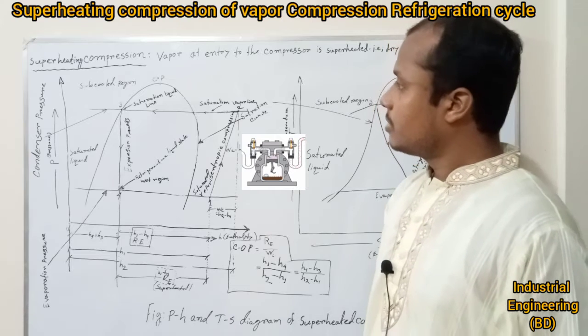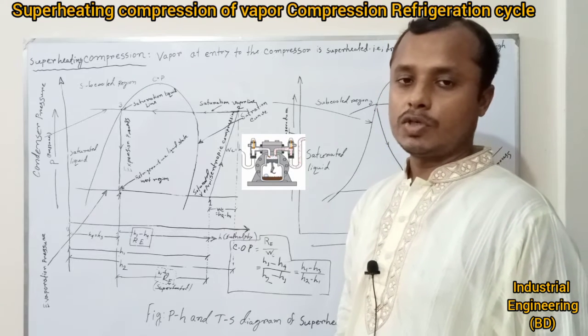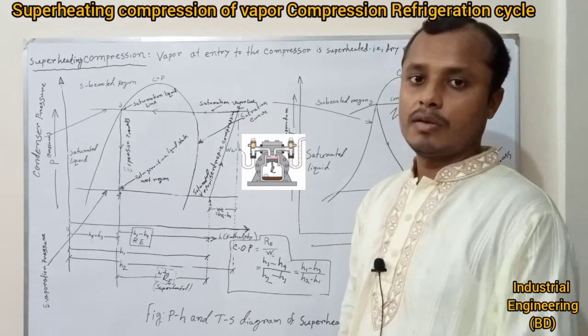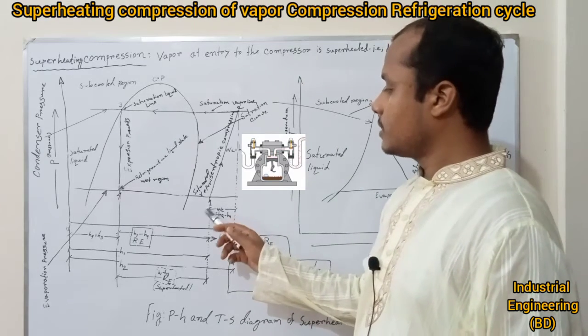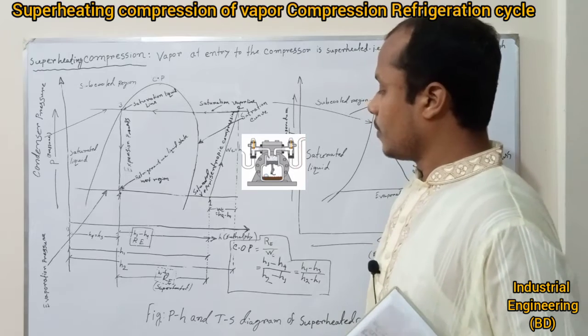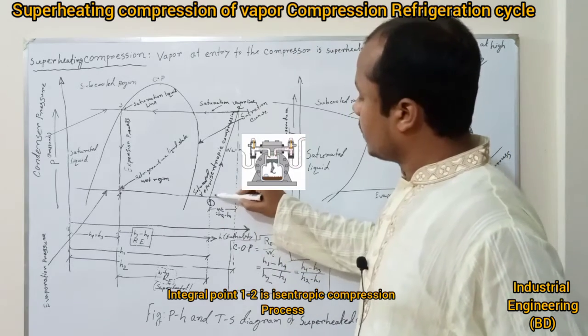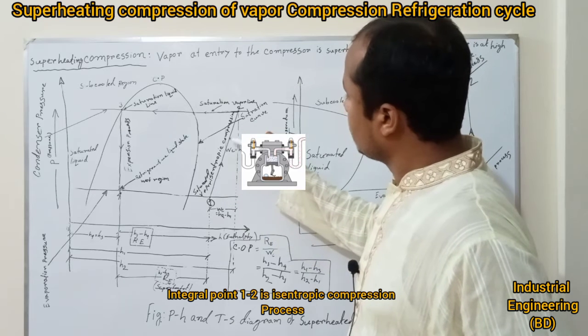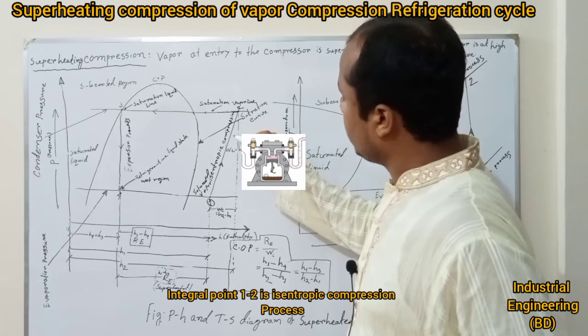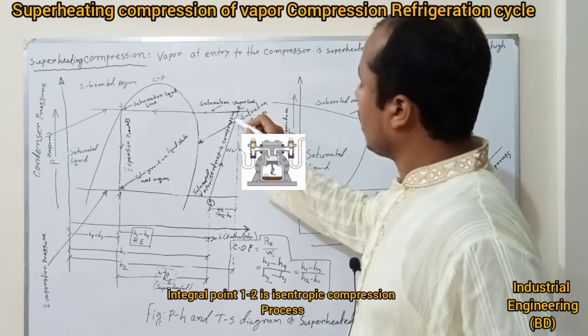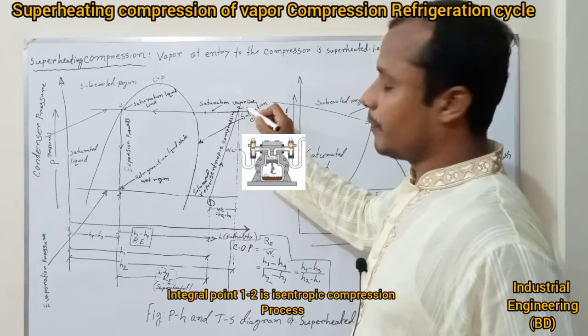Since the refrigerant entering the compressor is in superheated condition, point number 1 is superheated, so it would be over here. After the compression process, the superheated refrigerant is converted to a high pressure superheated vapor state.